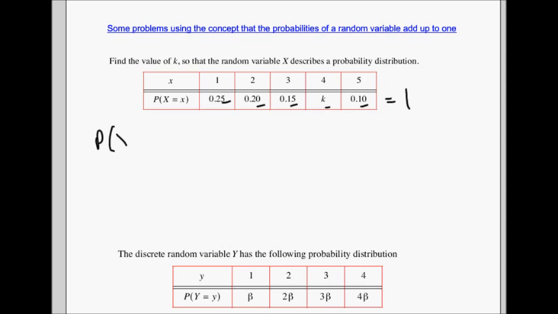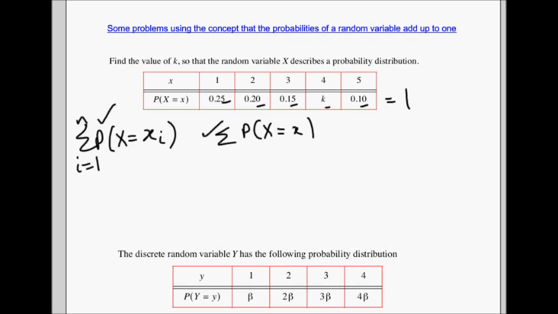In some cases we also write p of x is equal to xi instead of that, and the sigma would be ranging from i equal to 1 to n. Some books use this type of notation instead of just writing it like this. This is also correct, and in some notations this is also right.